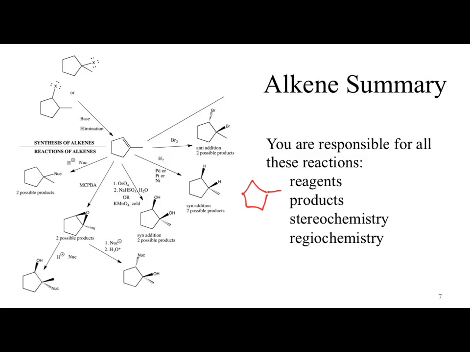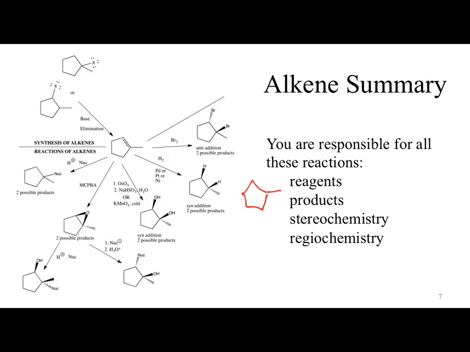Okay. Last bit of information that wasn't covered in Chapter 5, because this whole bottom part is all the reactions of our alkenes, which was Chapter 5. The top part is our synthesis of alkenes. As far as you guys are concerned, we only have one synthesis so far. That is starting from our alkyl halides, and we're looking at elimination reactions, be it E1 or E2.